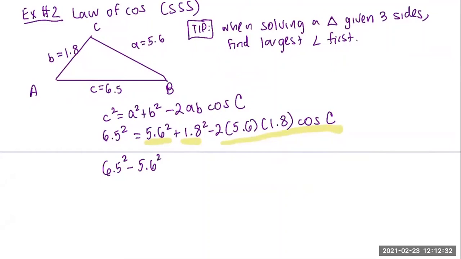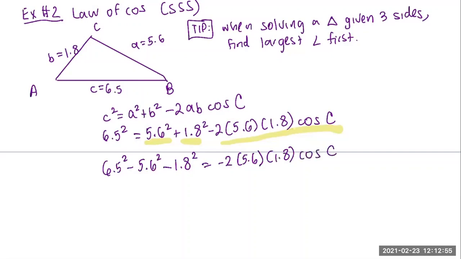How would you move 1.8 squared over to the other side, the other term? Once again, it's just a term that's being added, so to undo the addition, we would subtract the 1.8 squared. Eventually I know you guys are going to do it all in one step, but I wanted to make this a step.